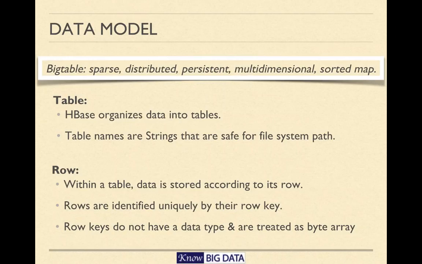Now it is persistent, meaning it's not only in memory but it is kept on the disk. Next, it is distributed. So this hash map is not on one computer but on many computers, distributed across multiple computers.